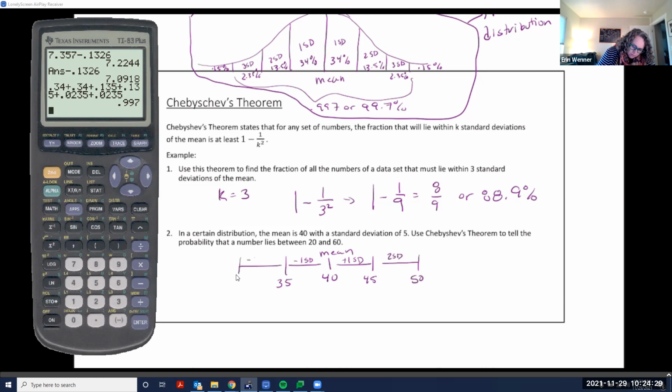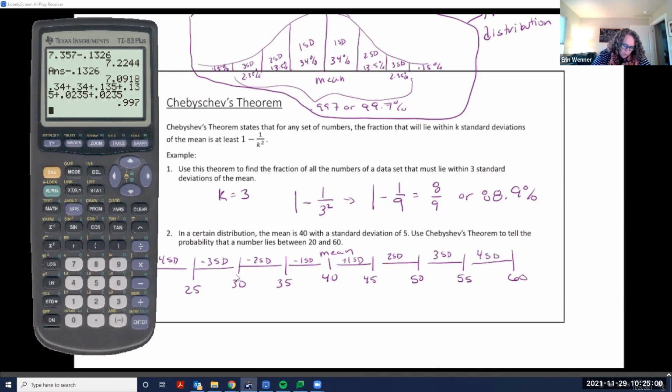Going down, we hit 30. And then going up 1 more, so 3 standard deviations, we hit 55. Going down, we hit 25. And then we want to get to 20 and 60, which means we need to go 1 more, or 4 standard deviations, to hit 60. And again, we have to be identical on each side. So we're going down 1 more and we hit 20.